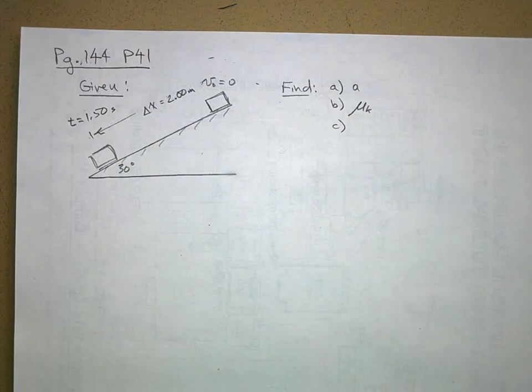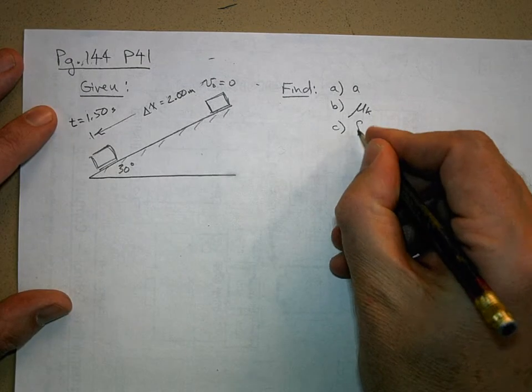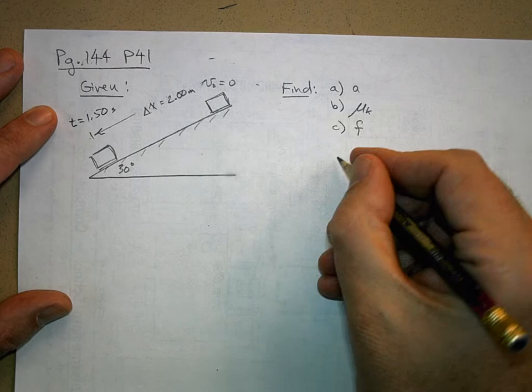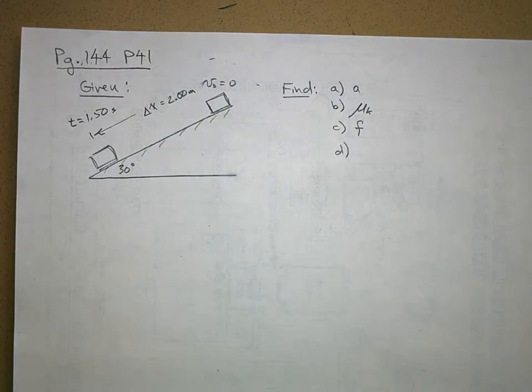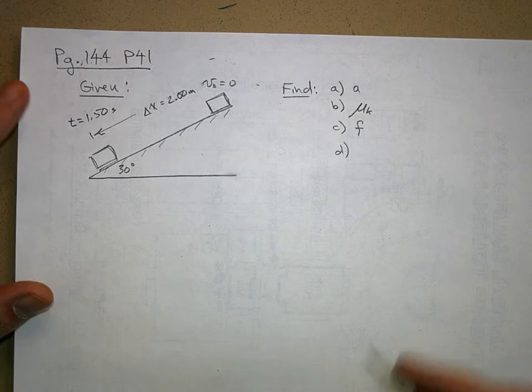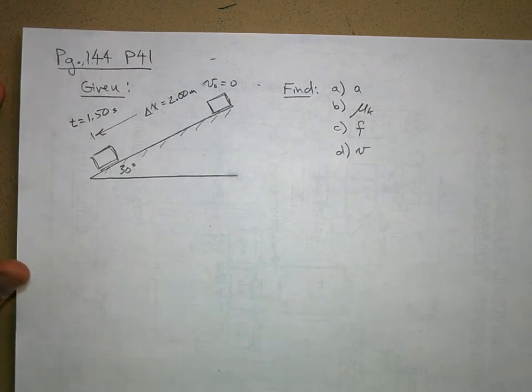C, the friction force acting on the block. So there's our symbol for friction force. And D, the speed of the block after it has slid 2 meters. So we want to find the speed.